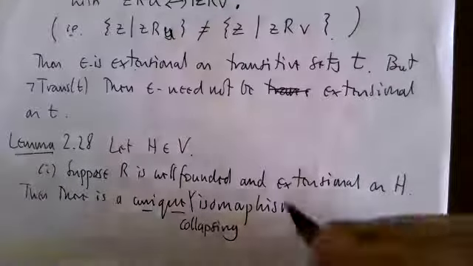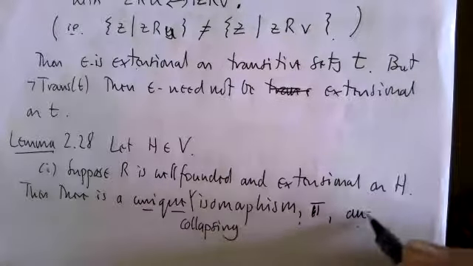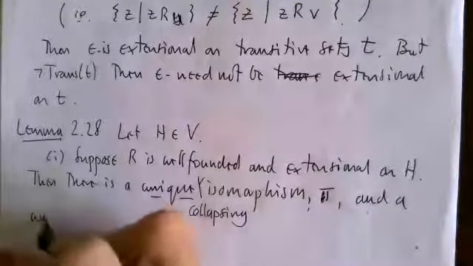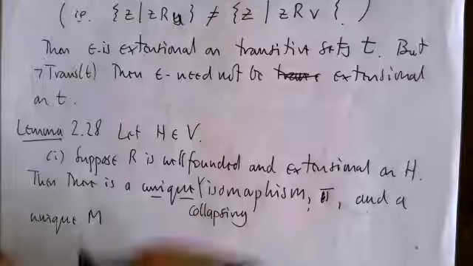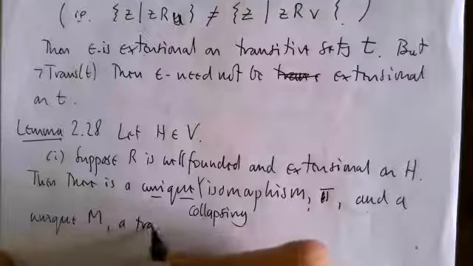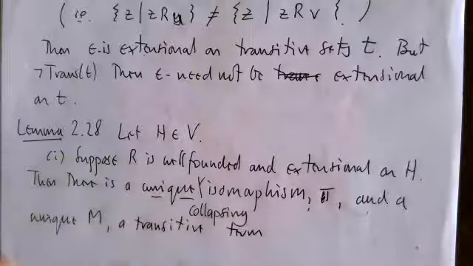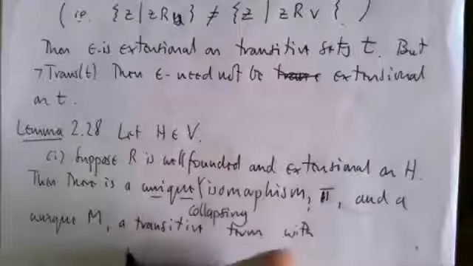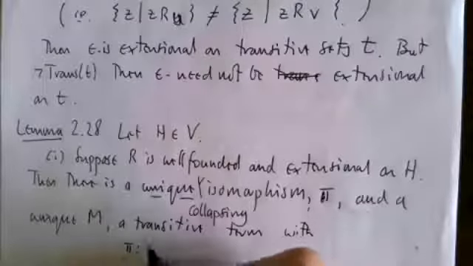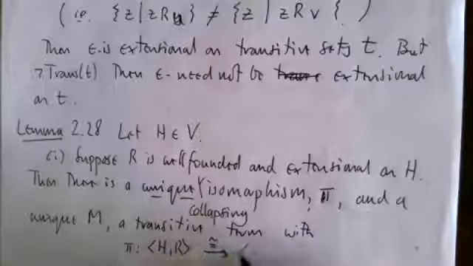Forgot to say that word there. Pi, and a unique M which is transitive, with pi going from H, R, here, an isomorphism to M, epsilon.